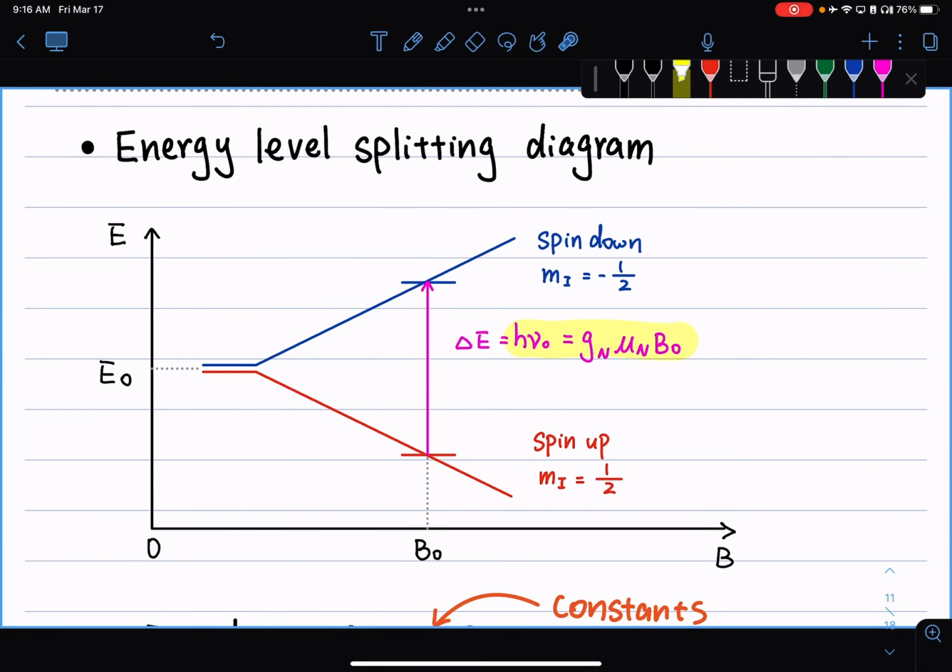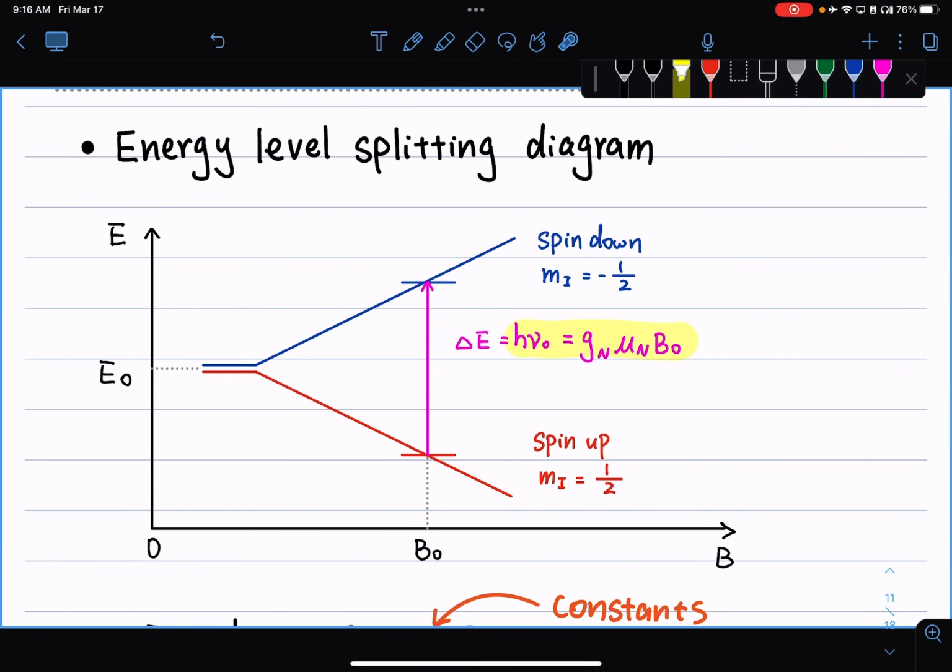Or more generally, you can imagine this g_n and mu_n term to be constant, you don't need to know. And then B naught gives you the magnitude of the magnetic field that's applied in your NMR study. All right, so that's what we're measuring.